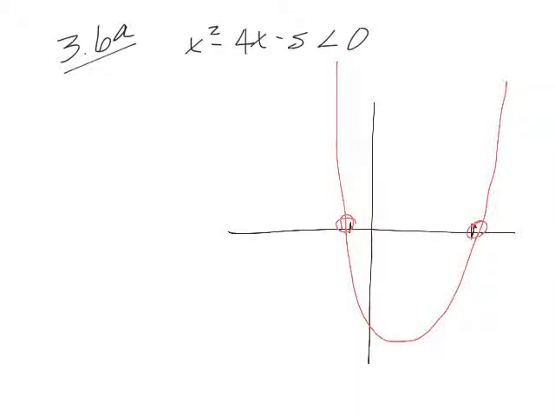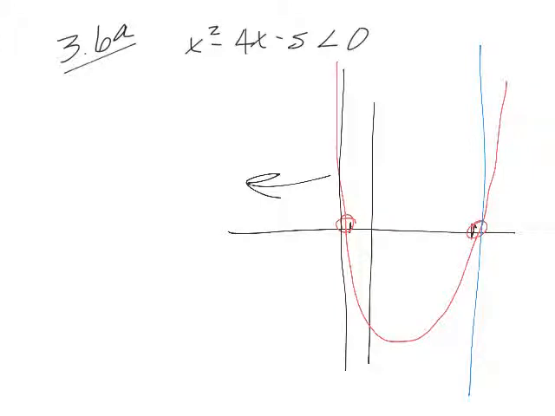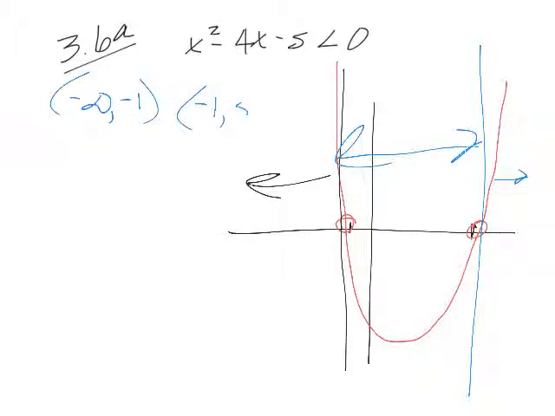So now all I have to do is write my intervals. My one interval is from here over here. My other interval is between negative 1 and 5, and my other interval is greater than 5. So my intervals are negative infinity to negative 1, negative 1 to 5, and then 5 to infinity.